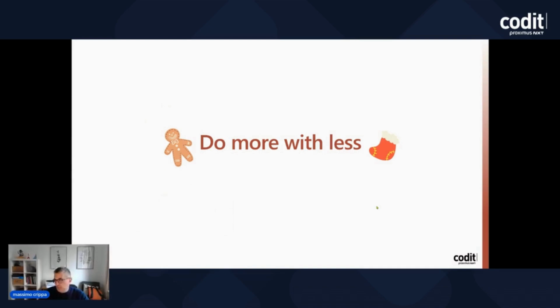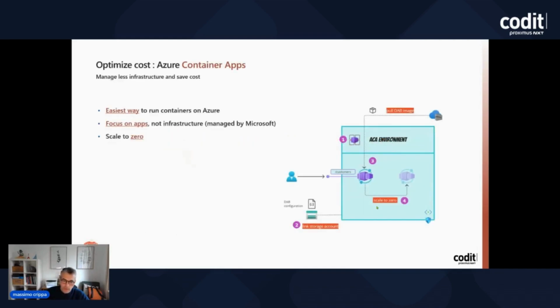Now that we saw how to quickly expose our data as an endpoint, let's see how we can achieve more with less by leveraging PaaS. So now, if we want to host our APIs, not on localhost as we saw, but in Azure, so our customer will be able to easily reach the endpoint and fetch the data.